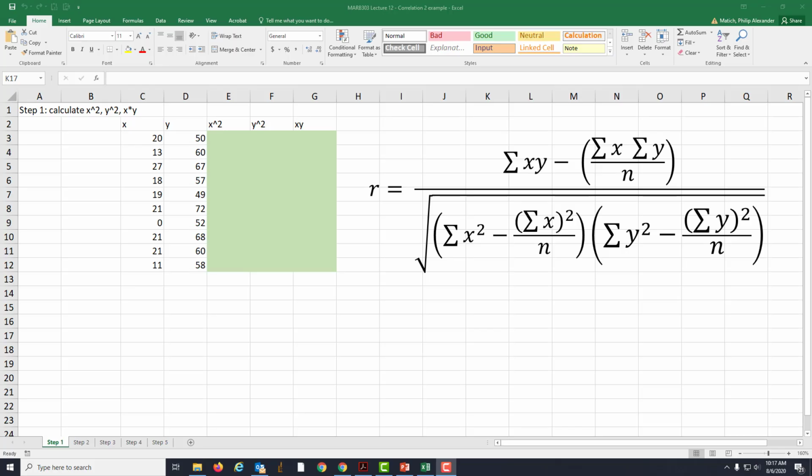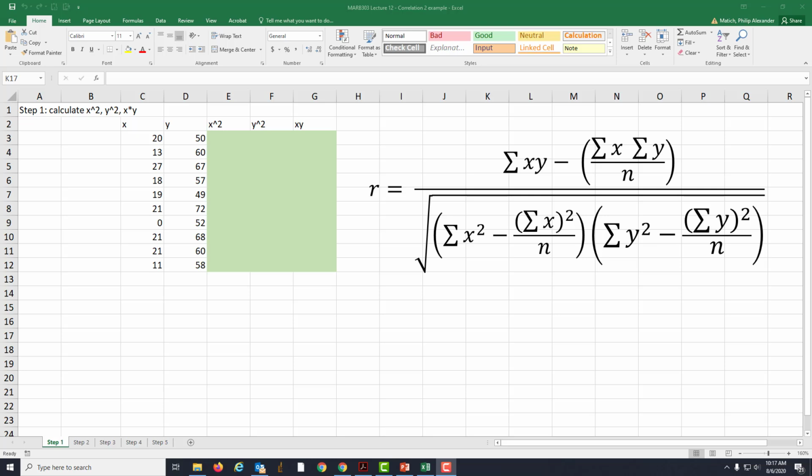Okay, so let's look at some raw data here. Let's look at the relationship between the length of an animal and its weight. As we see here, we have pairs of XY data, and we have our formula here to calculate our correlation coefficient.